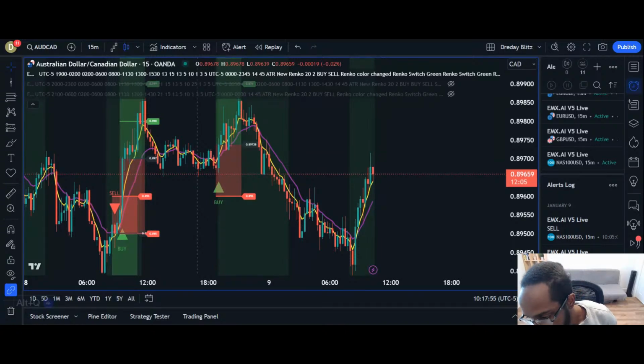So AUD, the best time to trade AUD is 7 p.m. until 2 a.m. And CAD is from 8 a.m. until 12 p.m. So that's why you have those two sessions here open in your settings. And those are the optimal trading times to trade AUD CAD.